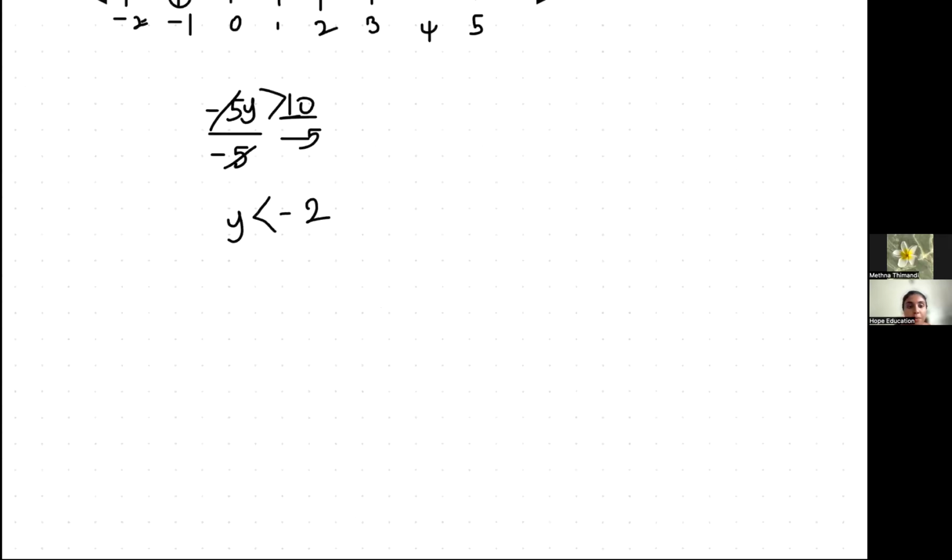So if I am to represent this on a number line, y is less than minus 2. So let's say 1, 0, minus 1, minus 2, minus 3.